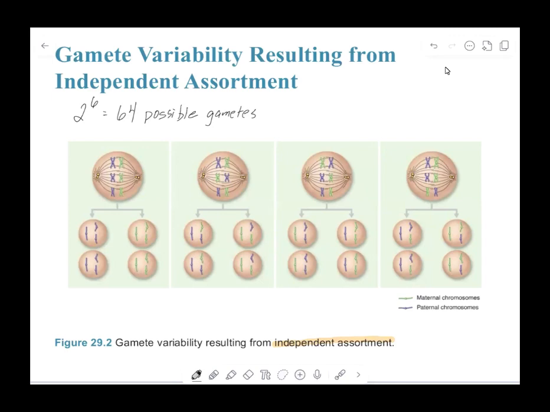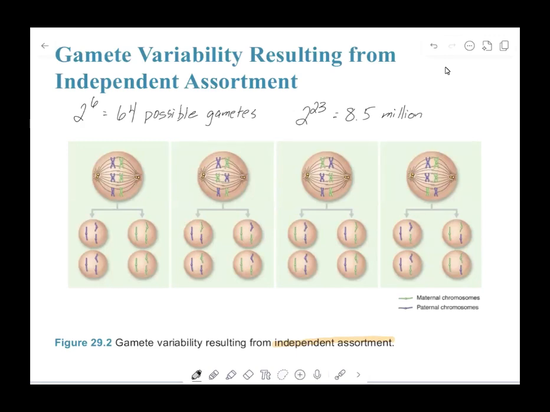In the case of humans, though, since there are 23 pairs of chromosomes, that means that there would be 8.5 million possible gametes. So, an incredible amount.